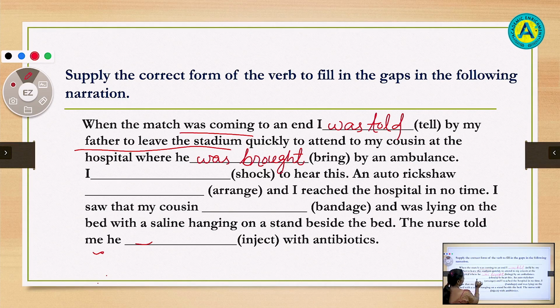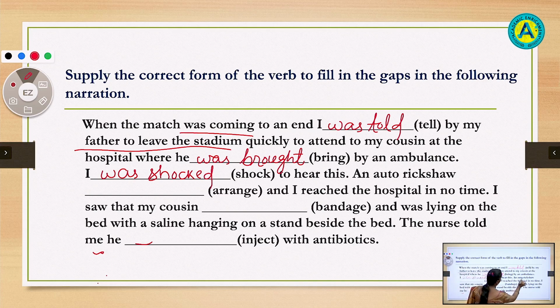Then I dash, the verb is shock, to hear this. Who can say the correct form of the verb shock? Yes, I was shocked. I was shocked to hear this.